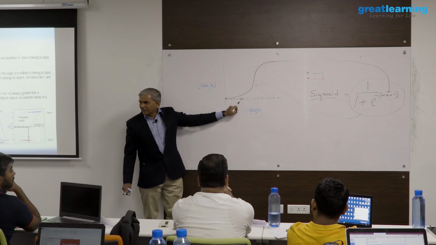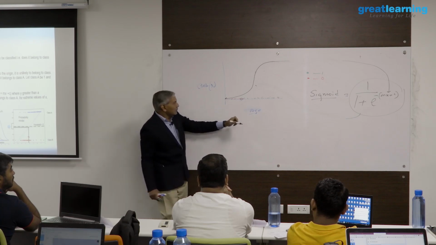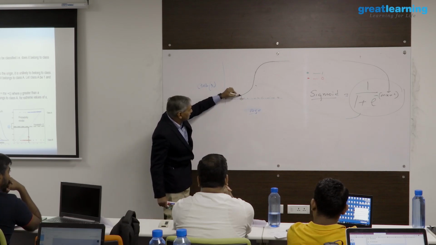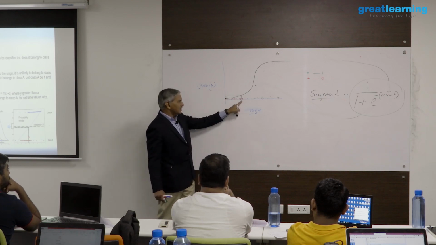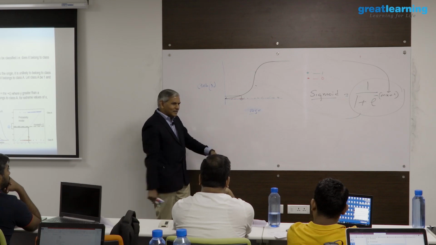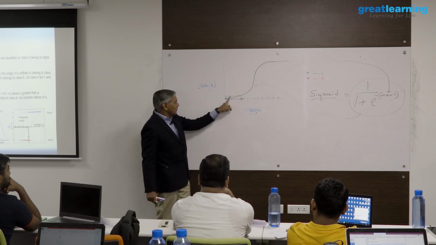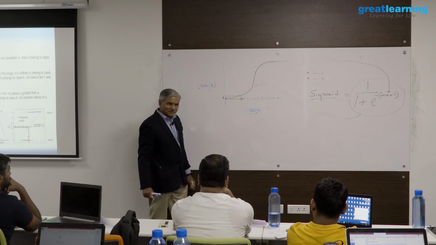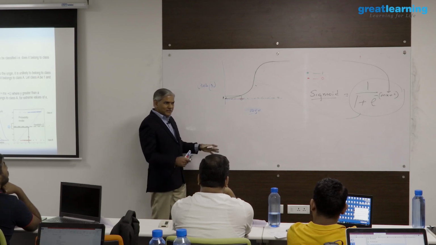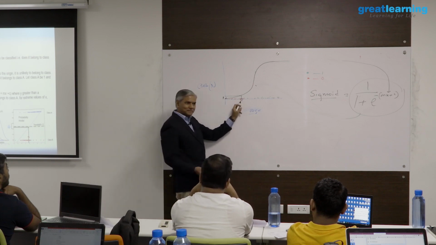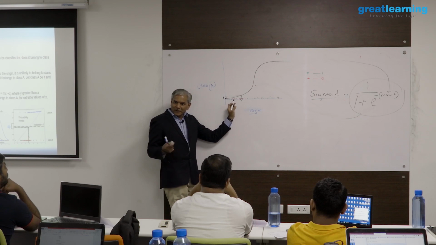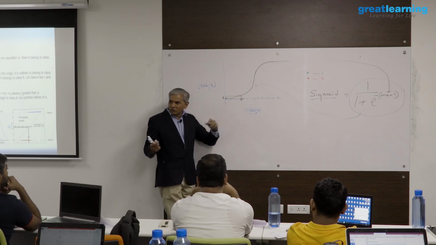If you take this red point, what the model is saying is the probability of belonging to blue class. Suppose we don't know the color. What is the probability of this point belonging to blue class? It's very low, which means it belongs to the red class. So the model prediction and the actual label, both of them are matching.